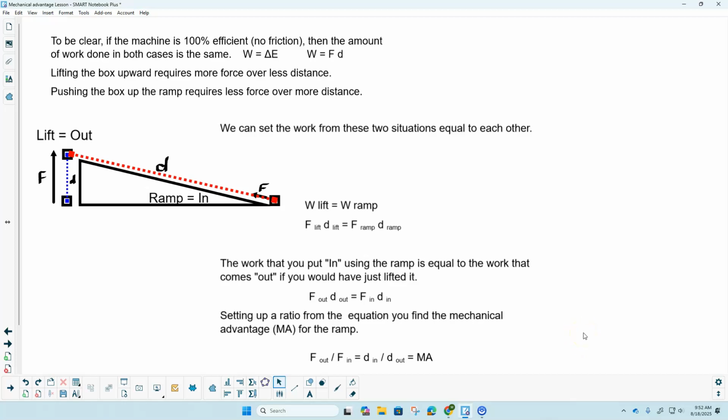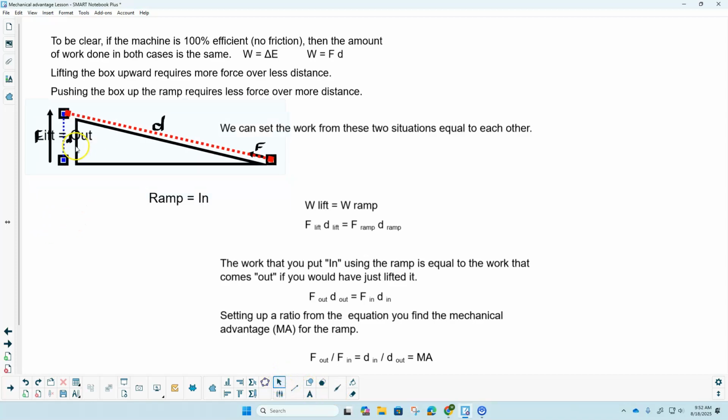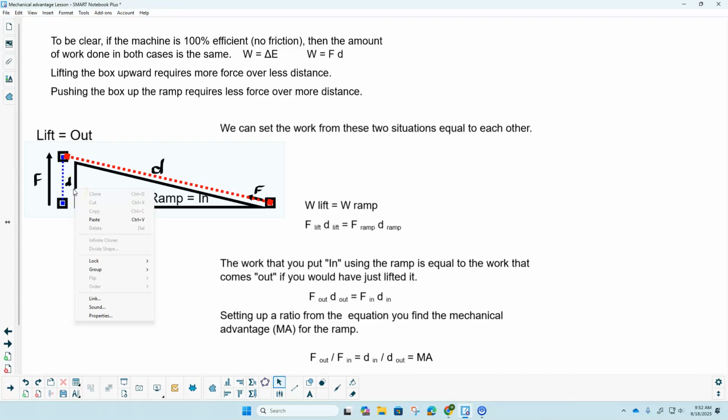If you look over here at the ramp on the left side, I drew a diagram where there's a box, and we're lifting it up to the top of the ramp. You can see this distance, which is traced in this blue dotted line, is smaller than the red dotted line, but it requires a larger force because I have to put all the force into moving it upward, right?